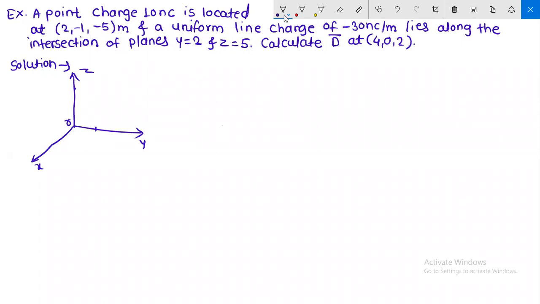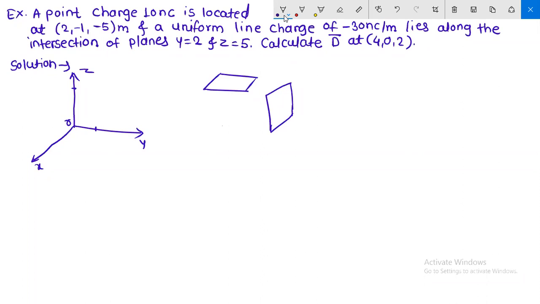At y is equal to 2, one plane is there. Okay, and at z is equal to 5, another plane is there. Plane means one surface is there. So if we consider the y plane, it lies like this, and the z plane lies like this, because if z is equal to constant, then the x-axis and y-axis are present.